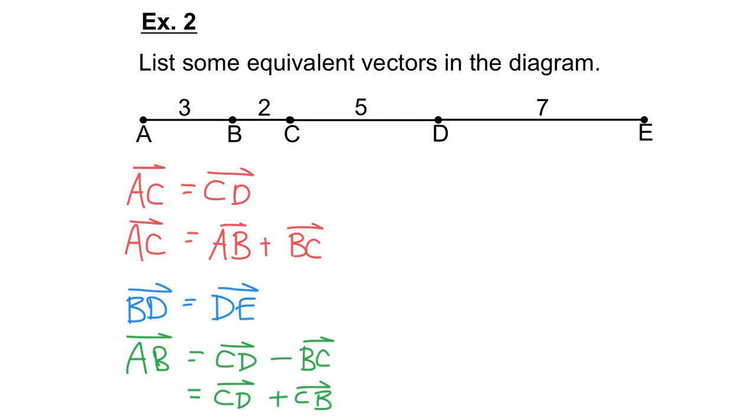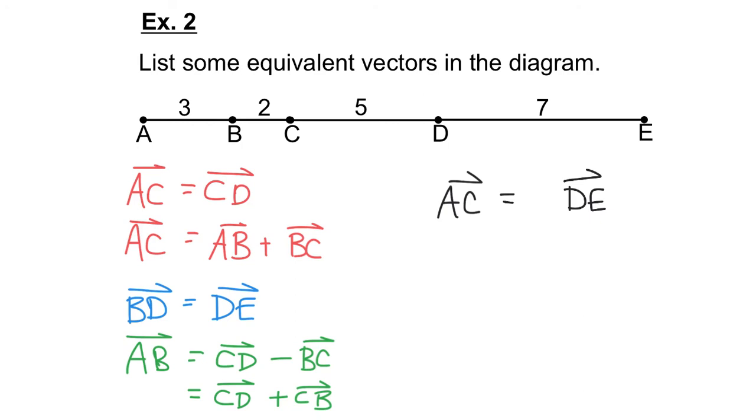Now something else I want to show you. Let's say, for example, AC. Okay, AC is 5 units to the right. Now let's compare that to DE. It's 7 units to the right. Okay, so if I compare AC to DE, well, what fraction of DE is AC?